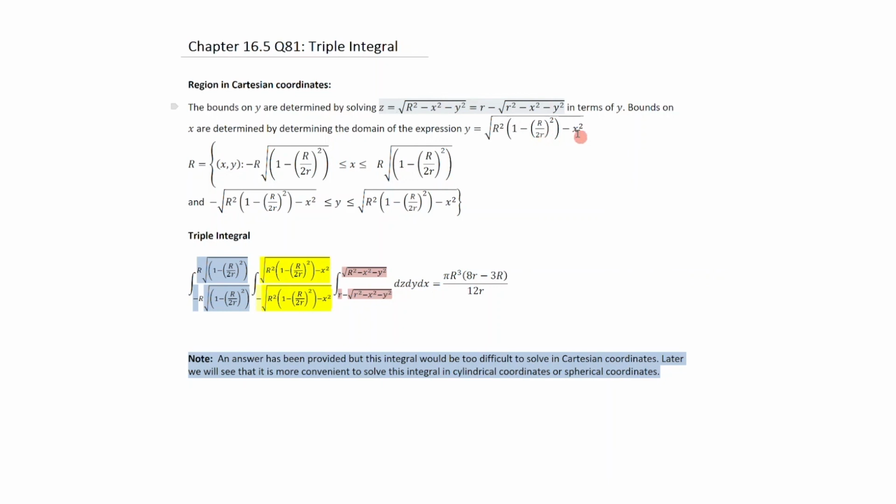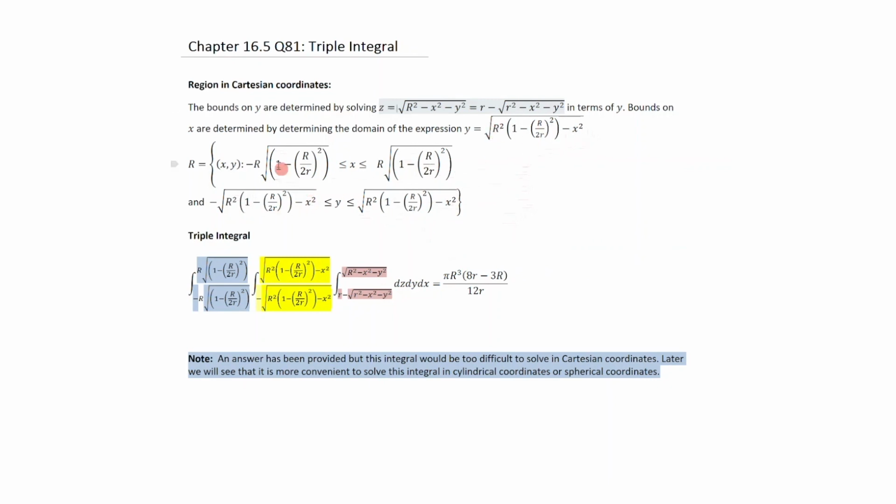And if you solve this for the case where it is equal to 0, you'll end up with two solutions for x, this being one of them, and this being the other one. And so now we have an expression for y, which is this one, with upper and lower limits.